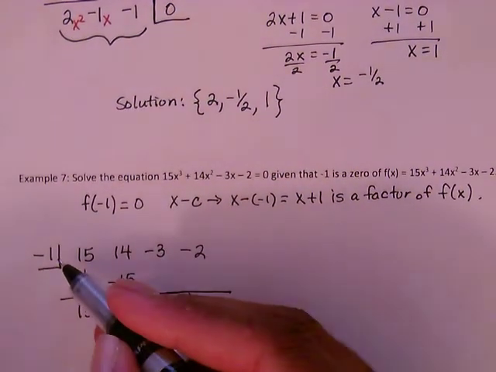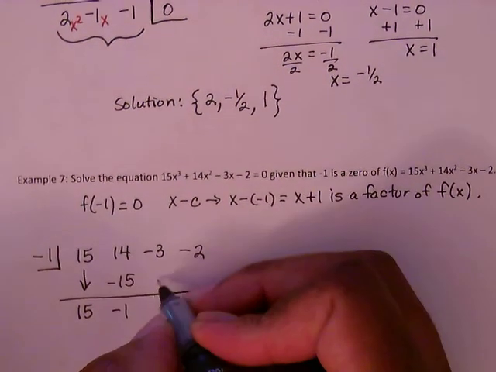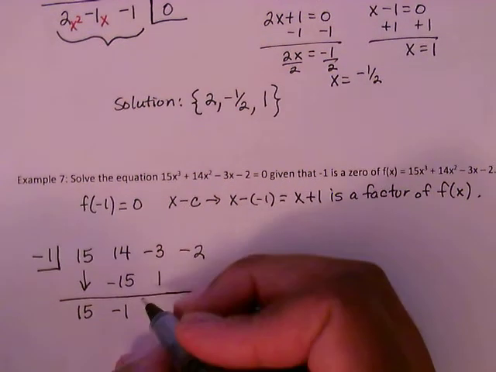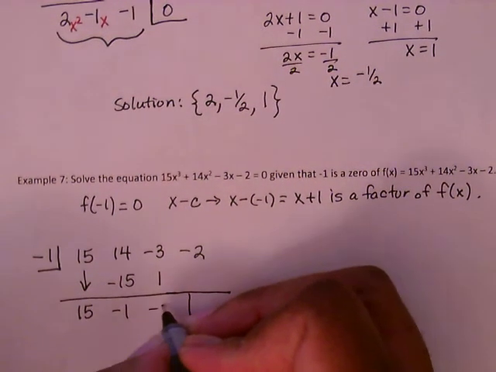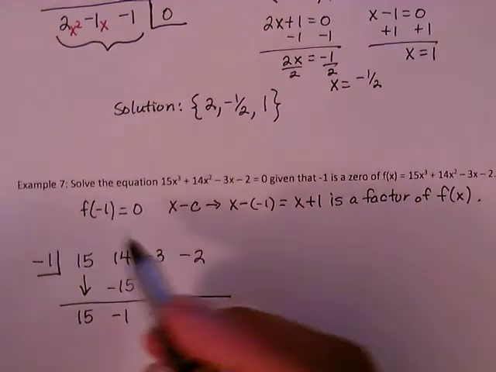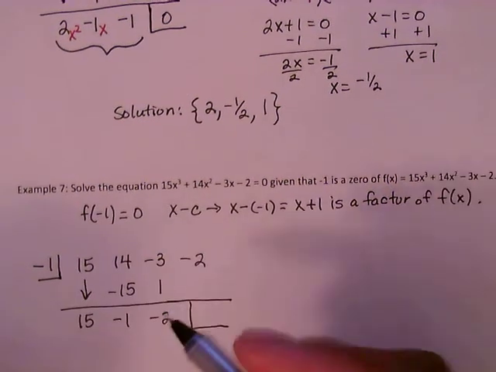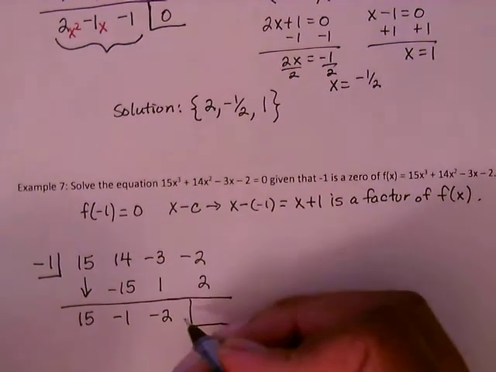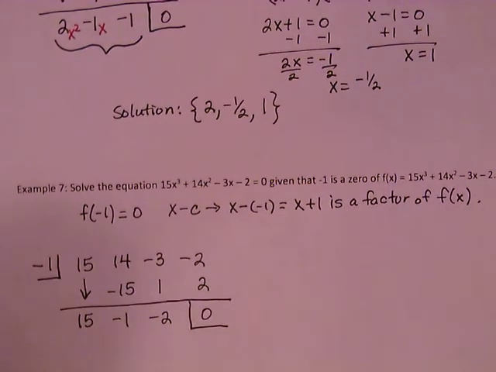And then next I do -1 times -1, that will be 1. -3 plus 1, that's -2. And then finally, -1 times -2 will be 2. -2 plus 2 is 0. I would expect to get a 0 here because I'm given that -1 is a 0 of that function.